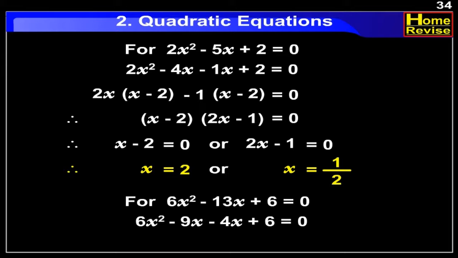Taking out 3x common from the first two terms, we get 3x (2x minus 3), and taking out minus 2 common from the next two terms, we have minus 2 (2x minus 3) is equal to 0.